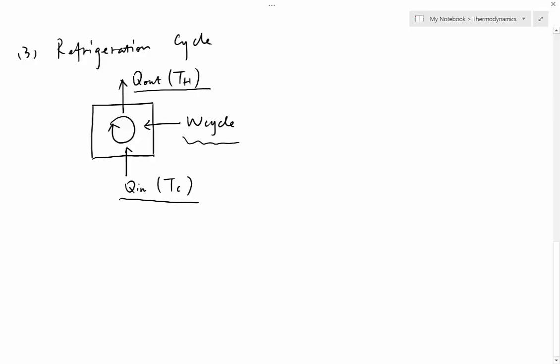Okay? All right, so let's do the energy balance again. How do we do the energy balance? Total energy coming in must be equal to total energy leaving. Okay, so let's do the left-hand side first. Total energy coming in. How many terms do we have coming in? We have two. Q in goes in. What else goes in? W cycle goes in. So the total energy going in must be balanced by the total energy leaving. Total energy leaving, there's only one term, which is Q out.